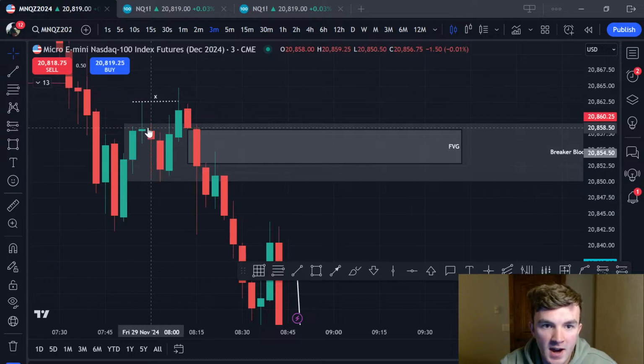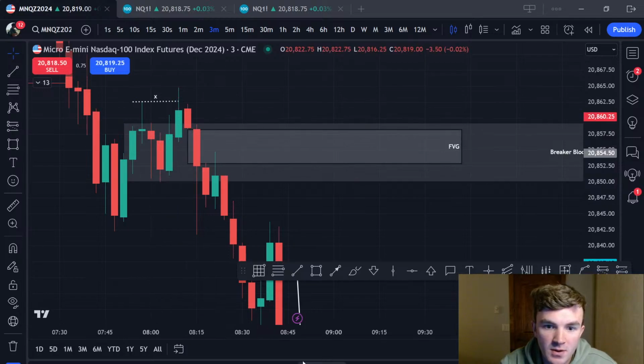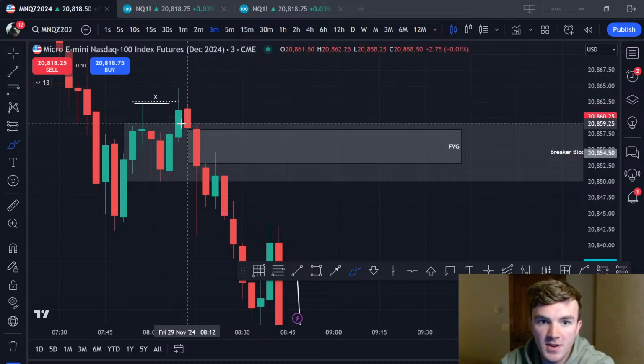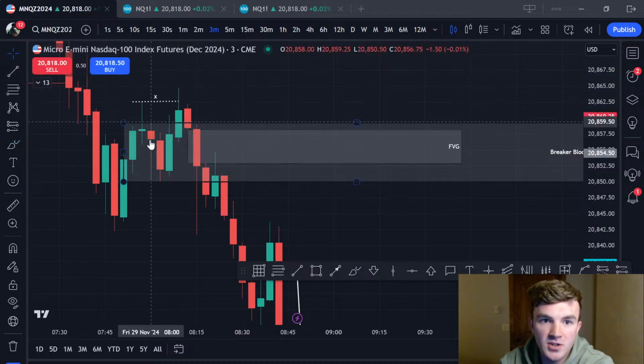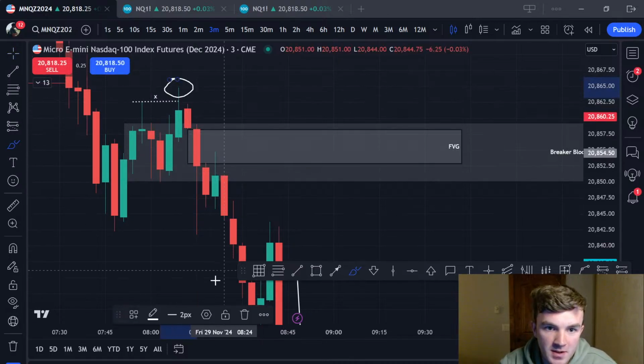You can see a high, low, higher high. It's a signature in price where it pops above an old high, and then you get a shift in the other direction. That is the signature you want to see with a breaker. So I knew this was going to be a good trade.